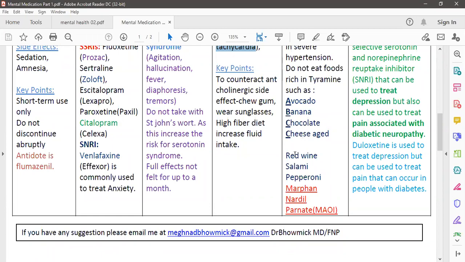Also red wine, salami, and pepperoni. So I said, a tyramine-restricted diet.